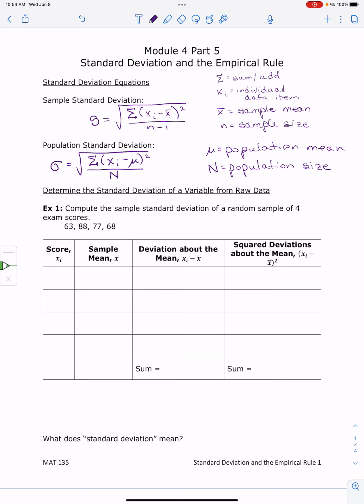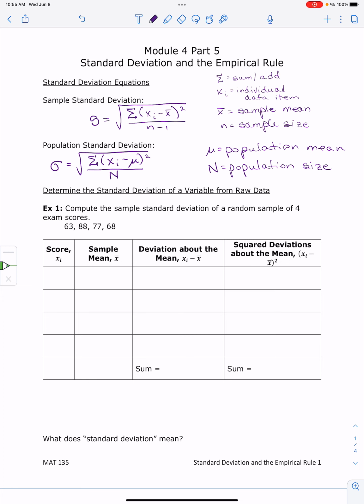So we divide by a number that's smaller, which makes our sample standard deviation a little larger. If I'm working with the entire population, I know I've got all of my values accounted for. I am just dividing by that population size. We are not worried about anything else.